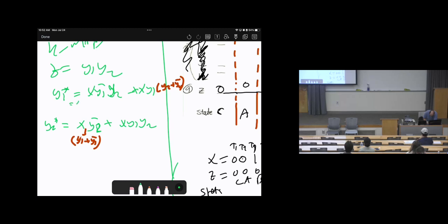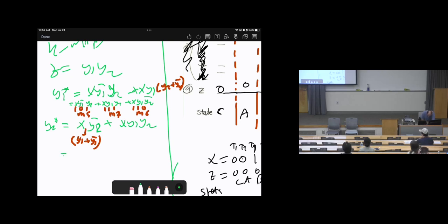So it will be X Y1 bar Y2 plus X Y1 Y2 plus X Y1 Y2 bar, which is equivalent to 1 0 1, 1 1 1, 1 1 0. In minterms, this is M7, M6, M5: 5, 6, 7.